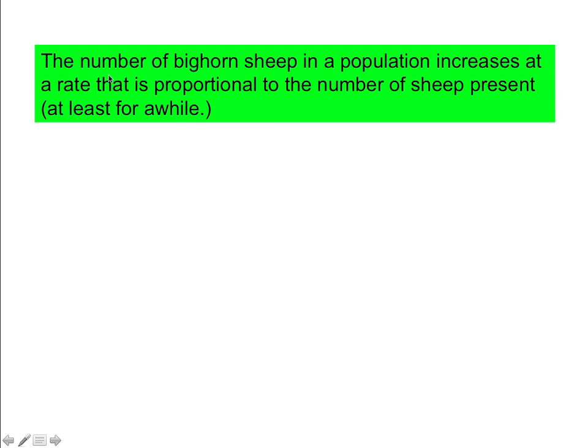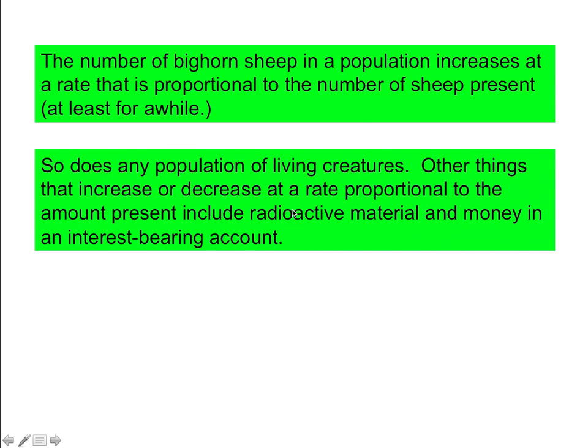The first example is about bighorn sheep, where a population increases at a rate proportional to the number of sheep present. This happens with all living creatures. This relationship basically says the more sheep we have, the greater the rate of producing sheep is.